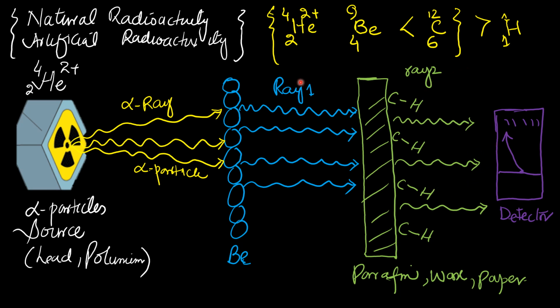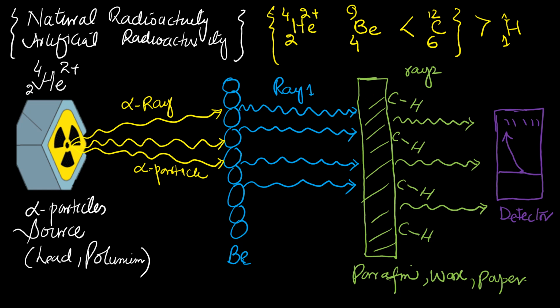So initially, ray 1 is absorbed in the paraffin wax. It transfers its total energy to the paraffin wax. This energy is transferred to the hydrogen atoms and converts them into hydrogen ions or protons, which were detected by the detector. This means that ray 1 is totally absorbed in paraffin wax.